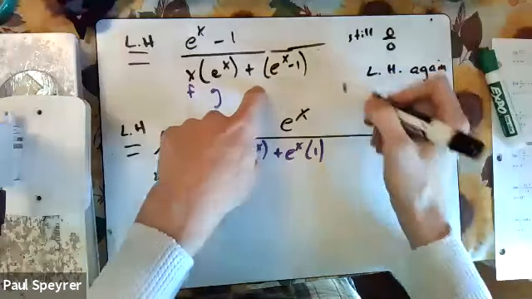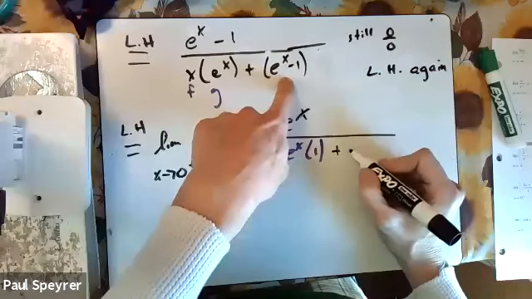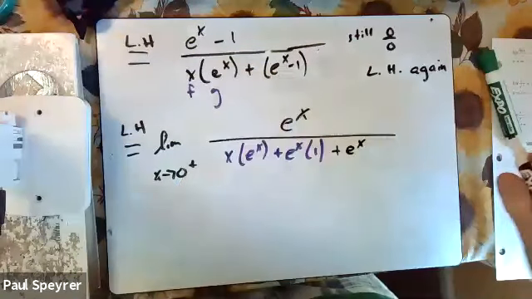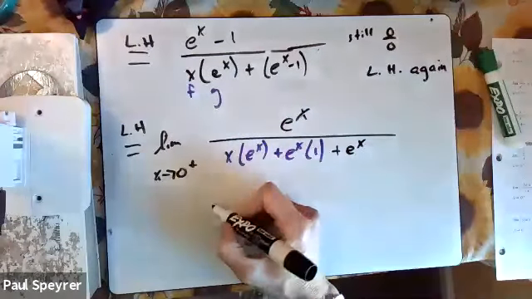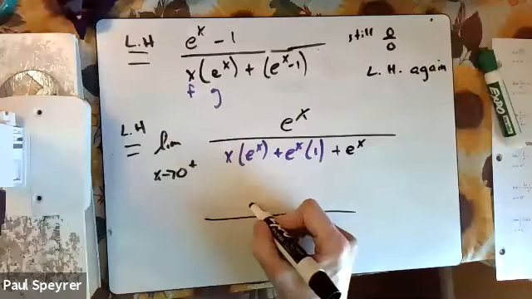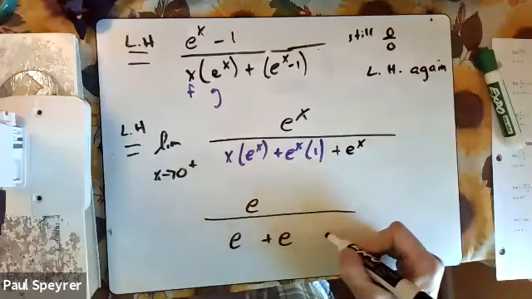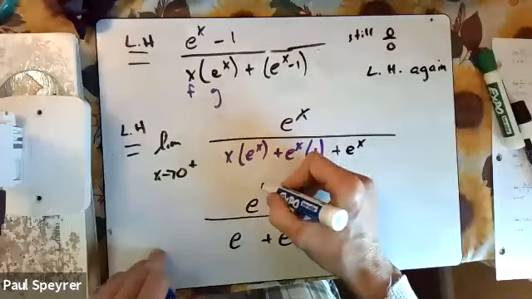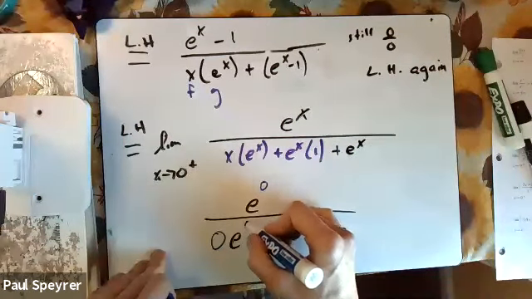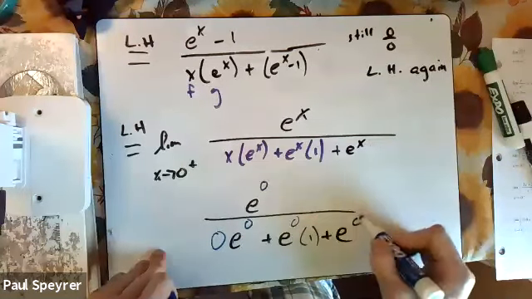Then the rest of the expression, right? This is plus the derivative of e to the x minus 1, which is e to the x. Now what happens when you plug 0 in right here, right? We have e to the 0 up top. We have a 0 here, e to the 0 times 1, and this, right?